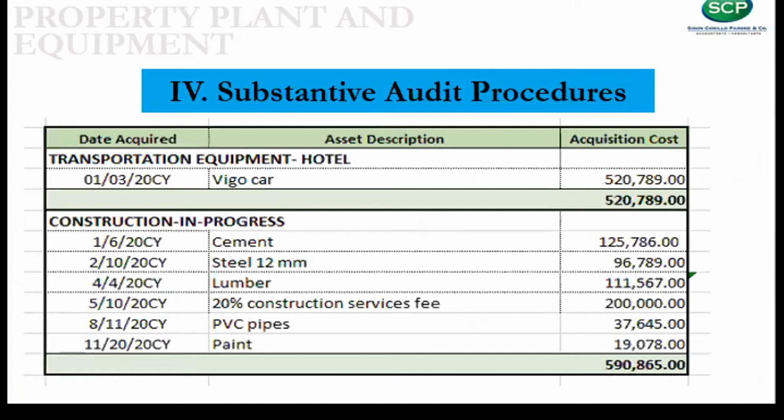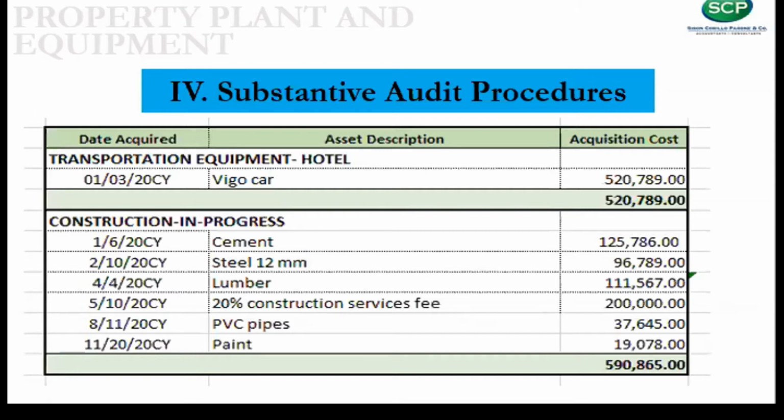So let's say, for example, that the client provided us with the following details of transportation equipment and construction in progress. This means that we will examine the costs that met the testing scope. These are the acquisitions that are equal to or more than 100,000 pesos.